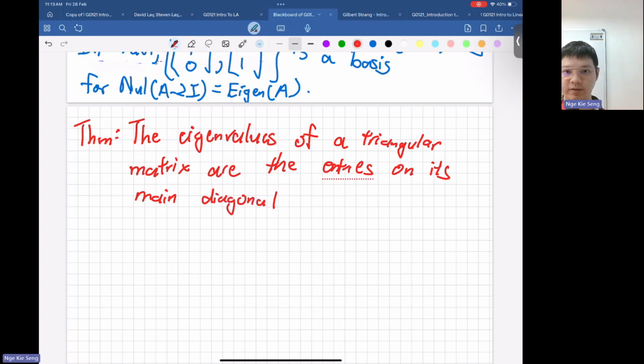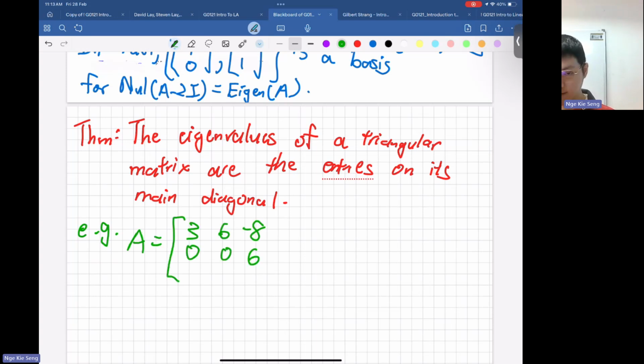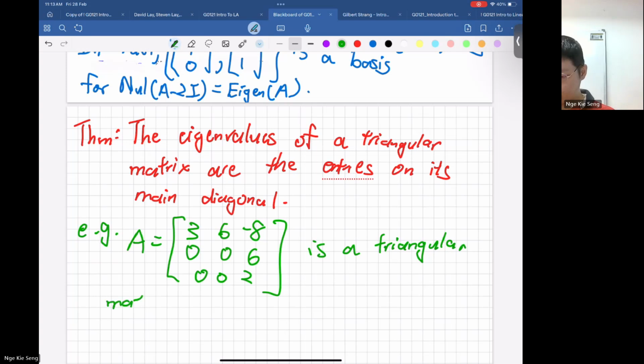Okay, so how do we show this? Let me give you an example first so that you can imagine this. If A equals, let's say, 3, 6, -8, 0, 0, 6, 0, 0, 2, then this is a triangular matrix.